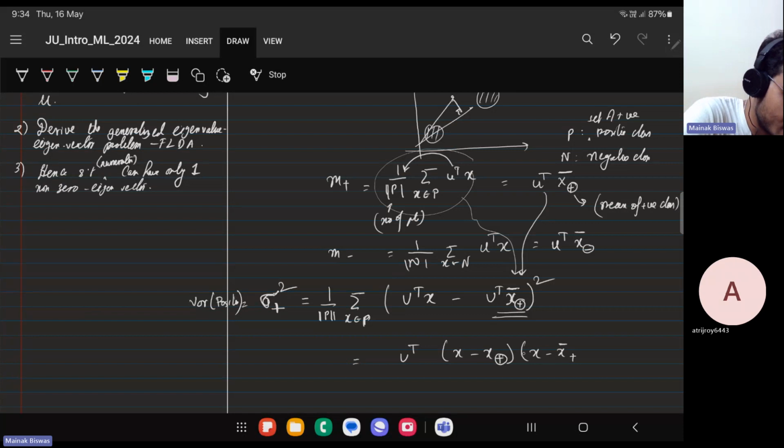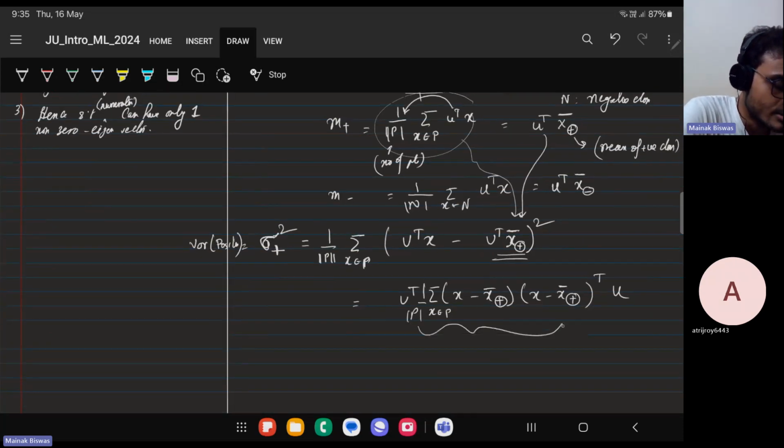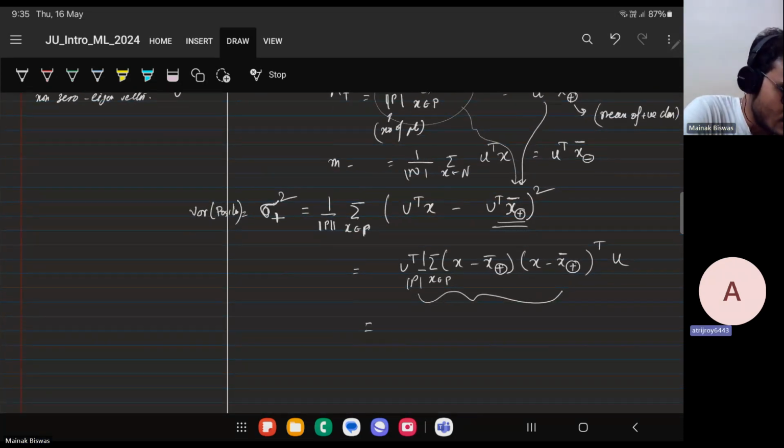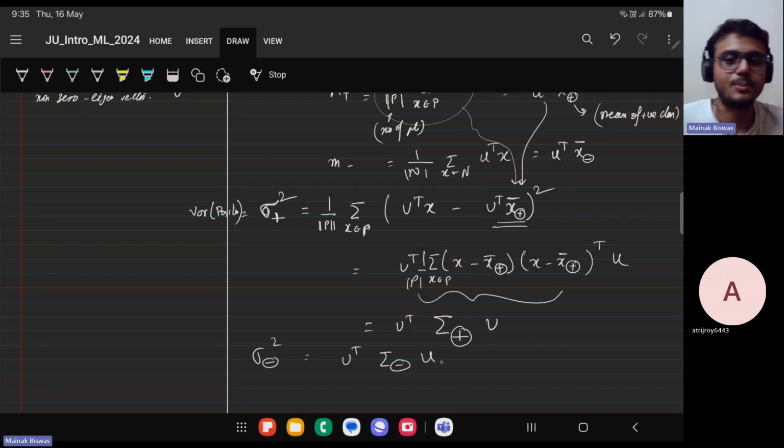This we have already done in PCA, so you are able to tell it instantly. Then what is this? This is the covariance of the positive class. Similarly, your variance for the negative class will be U transpose covariance of the negative class U separately, right?